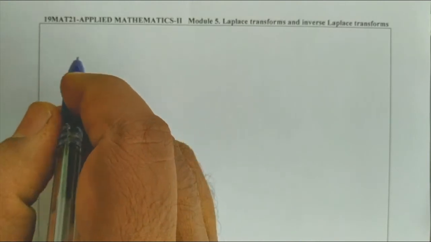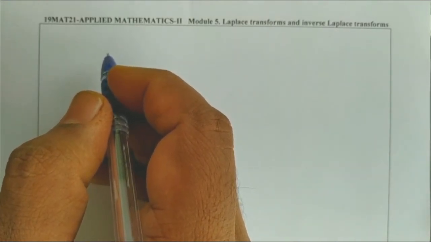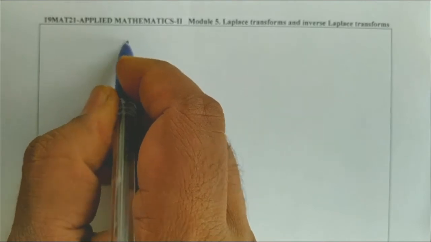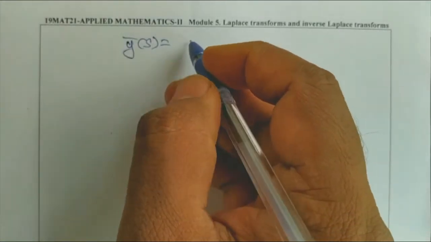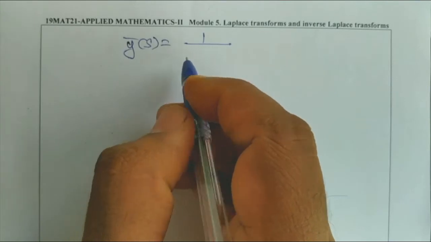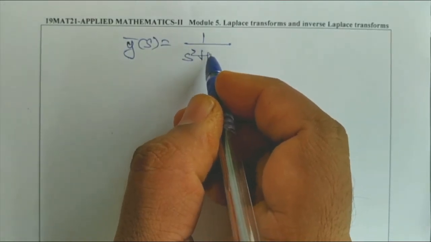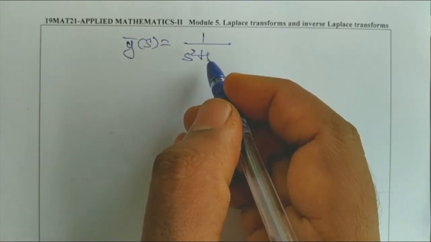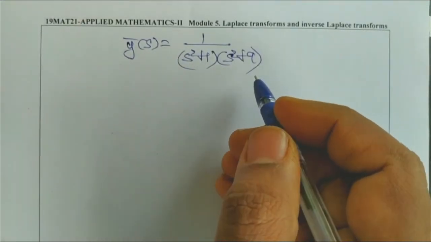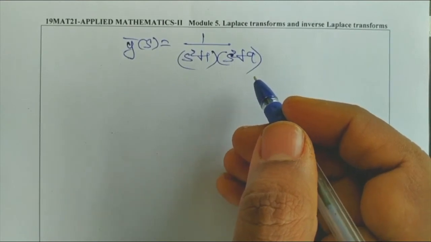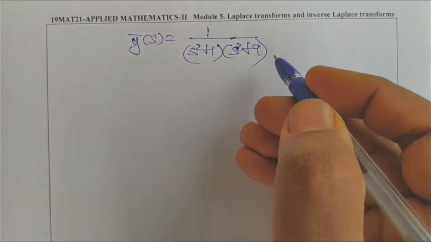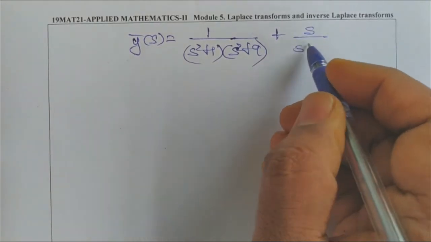When we take LCM and simplify, and cross multiply, s square plus 1 and s square plus 9 also, we get y bar of s is equal to 1 divided by s square plus 1 into s square plus 9, and then plus s divided by s square plus 9.